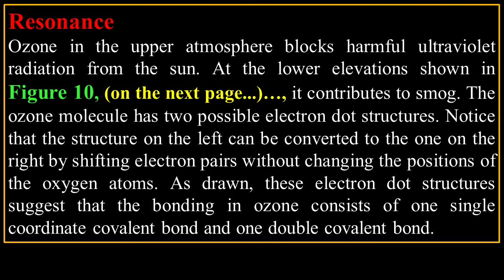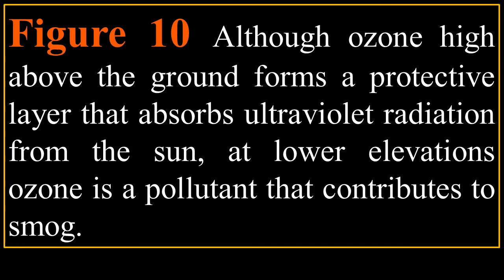As drawn, these electron dot structures suggest that the bonding in ozone consists of 1 single coordinate covalent bond and 1 double covalent bond. So this going back and forth is called resonance, and we'll look at that in a little bit.